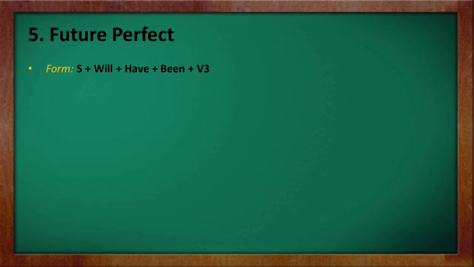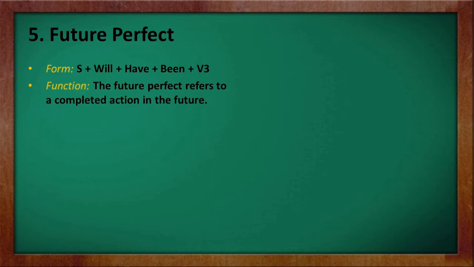The general form for this tense is subject plus will plus have plus verb 3, and the function of the future perfect is to refer to a completed action in the future. This tense refers to a completed action in the future.